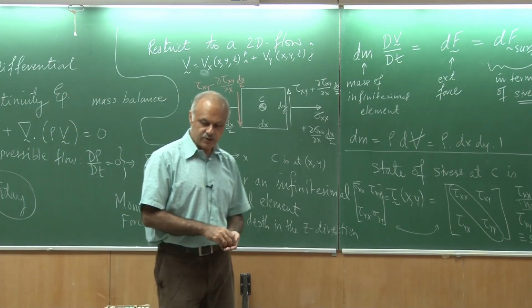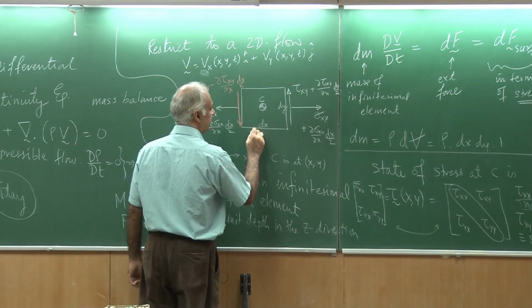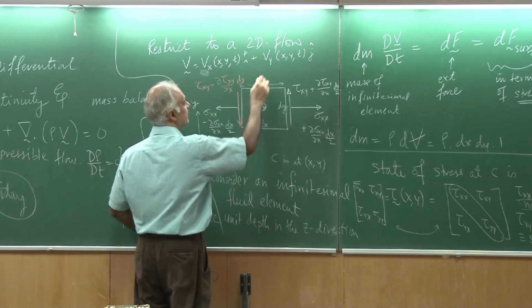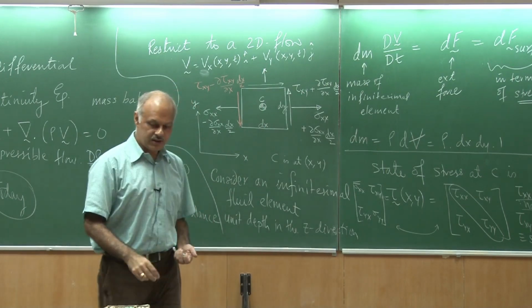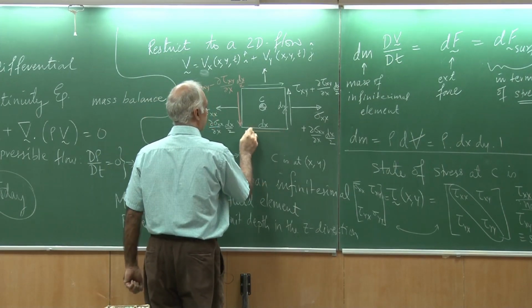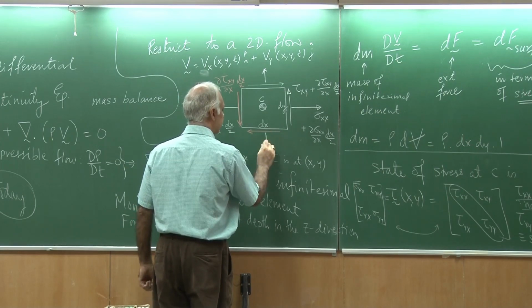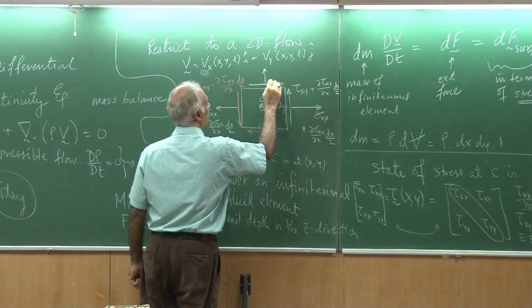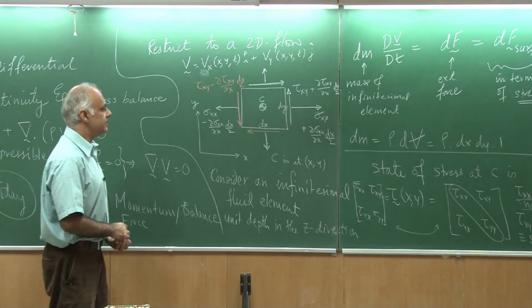So let me try to help you with that. So the stress is here. First the positive face, so I would have something like this, and on this face maybe I would have something like this. I am just choosing some arbitrary colors so that you can relate to the arrow, the force that I write.